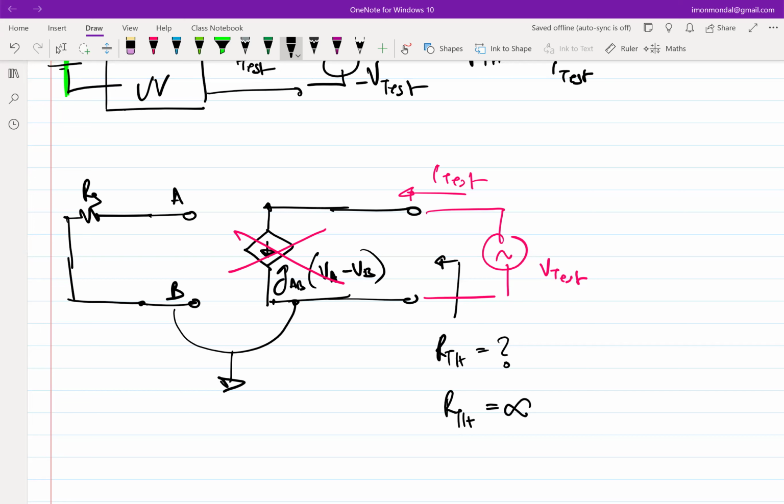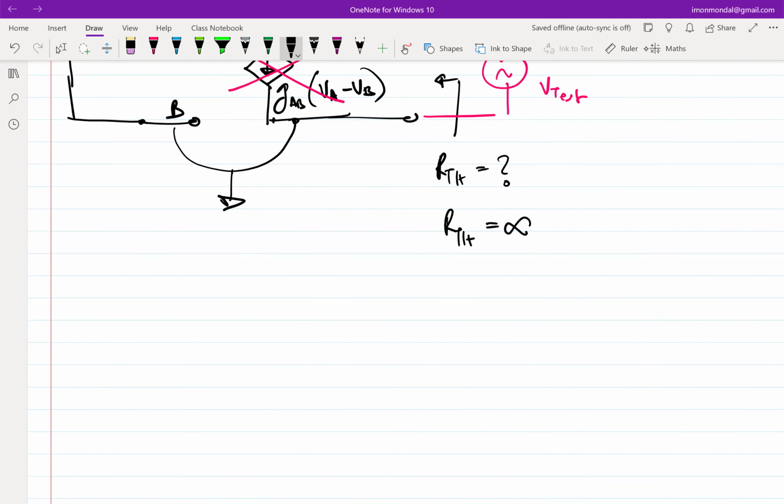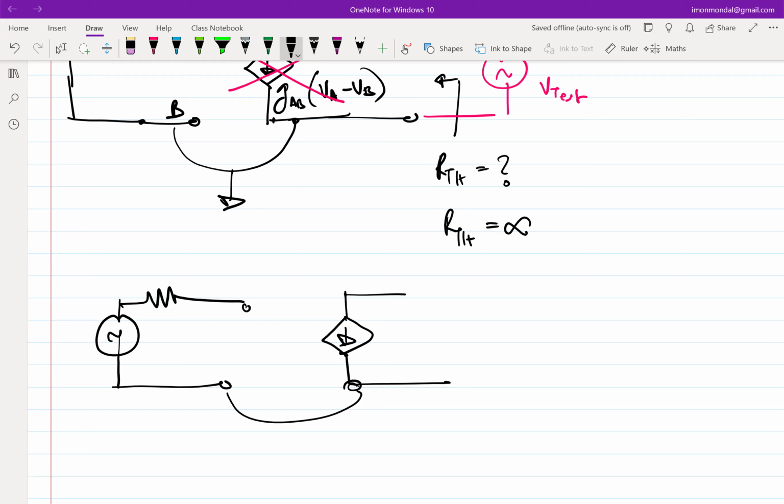Okay, fine. So let's do another quick example because I don't want to start something new right now. Let's take a similar circuit. And now let's assume we have a resistance here.